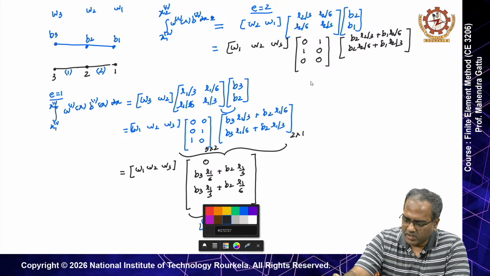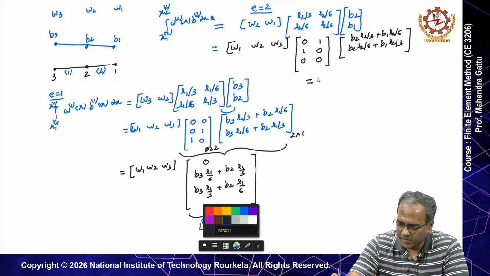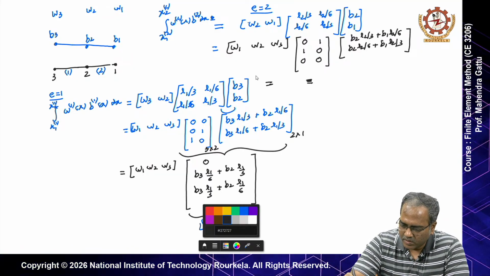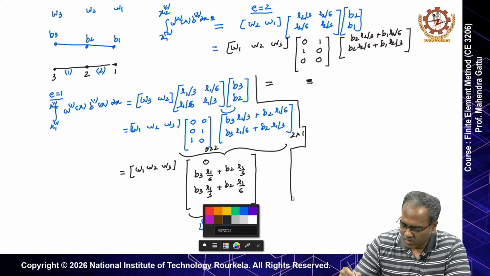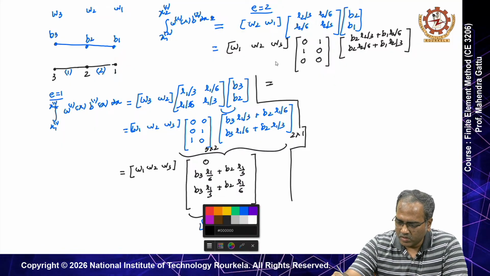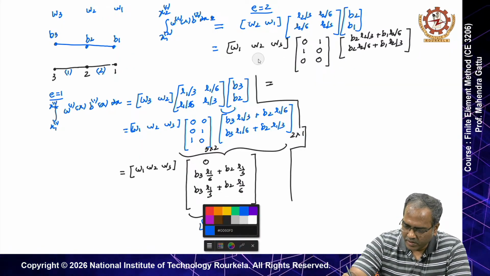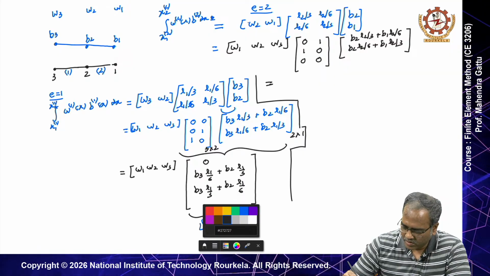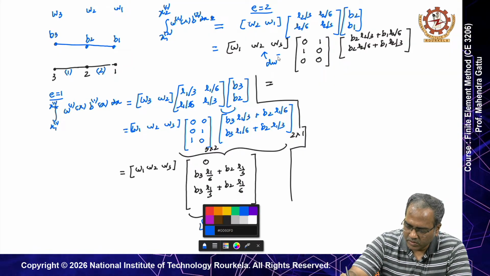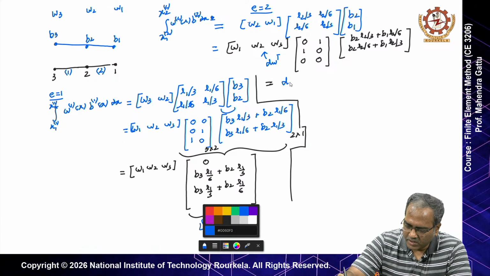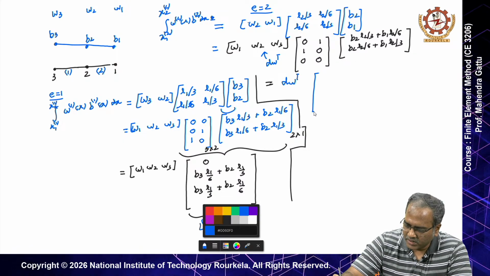And then this entire thing we can write in matrix form. This we will denote by dW transpose. Okay. So I will write dW transpose here, and then these two we can multiply and we get a 3 by 1 matrix.